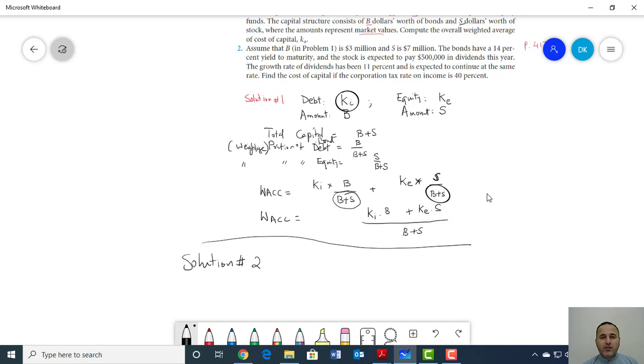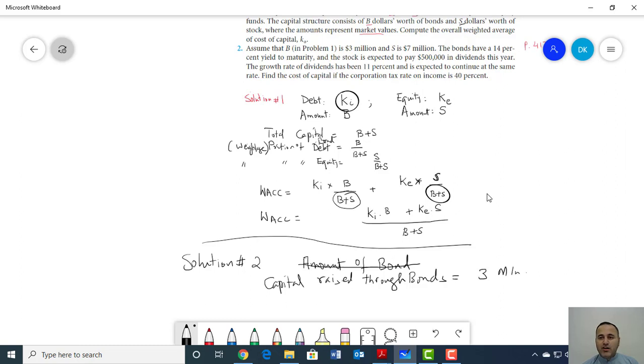B, the amount of bonds, or the capital raised through bonds, that is I think a more accurate description, so capital raised through bonds is equal to 3 million.